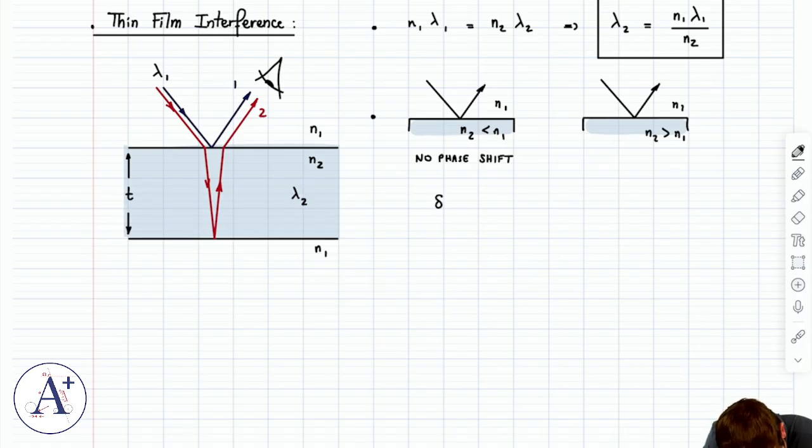In other words, we're going to write delta equals 0, meaning that there's no additional path length difference to account for.